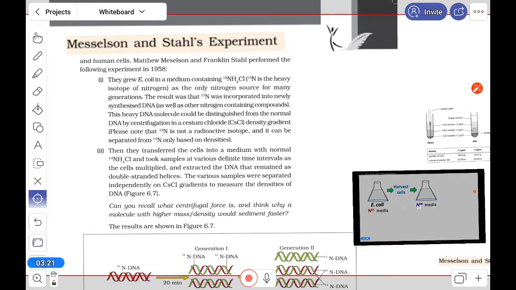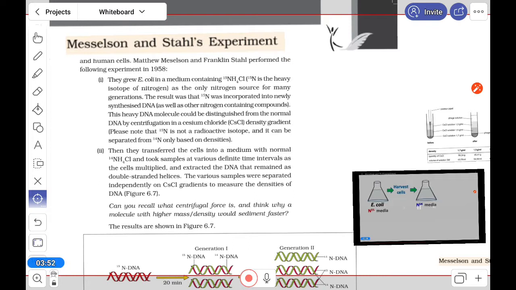They took Escherichia coli and grew it in a medium of ammonium chloride containing heavy nitrogen, 15, whereas normally it is 14.